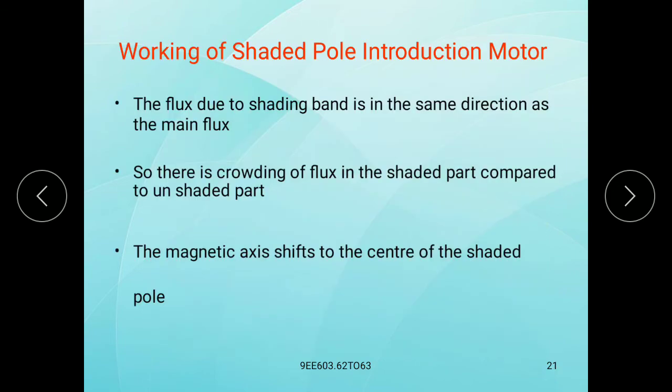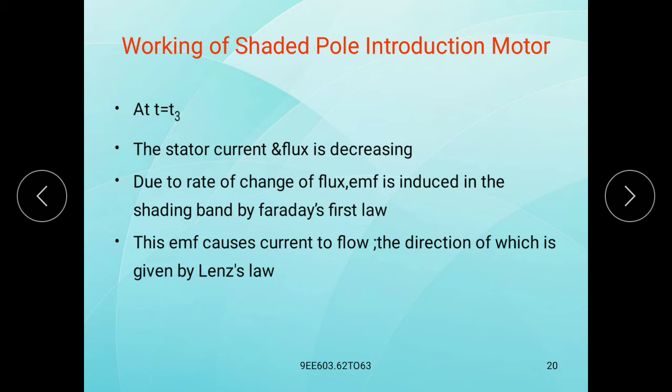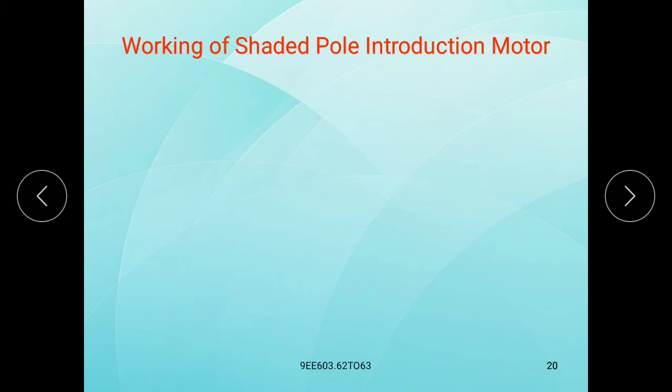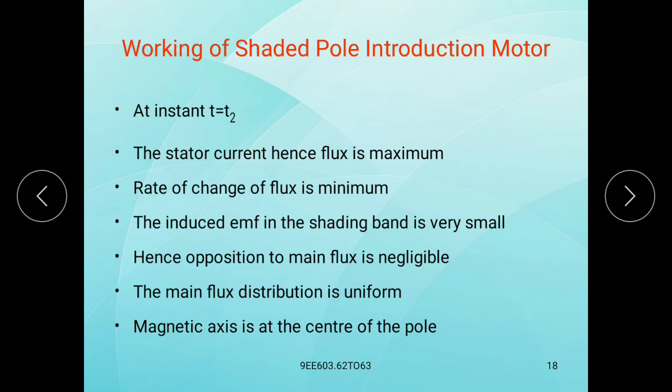See here, in the earlier case at t equal to t2, the stator current, hence flux, is maximum, the change of flux is minimum, hence the EMF in the shading band is very small, so the opposition to main flux is negligible.